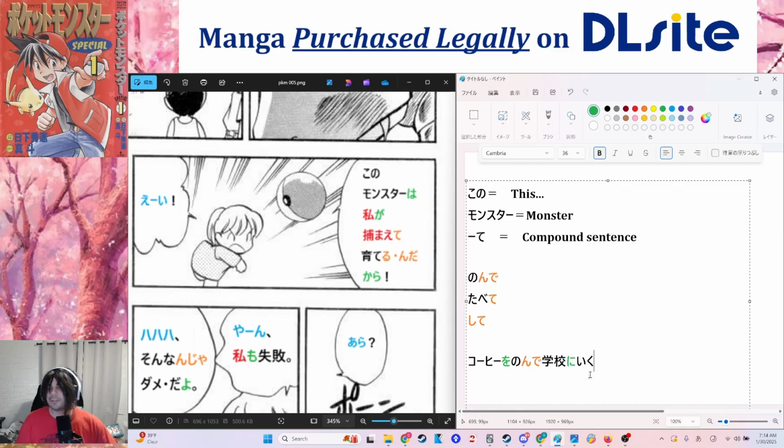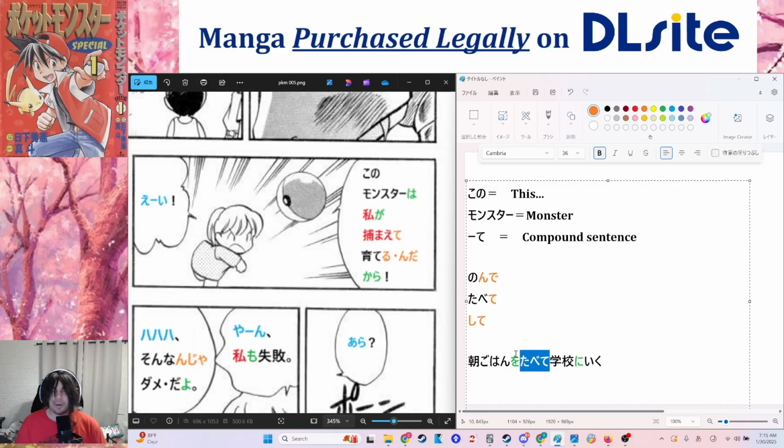What this would essentially translate to is, I will drink coffee, or I'll drink my coffee. The "my" is kind of implied here. And go to school. I'll drink coffee and go to school. That's my plan. Once again, don't focus too much on the vocabulary here, but this part of the sentence says "asa gohan", which is a very common way to refer to breakfast, and then we've got our "taberu".